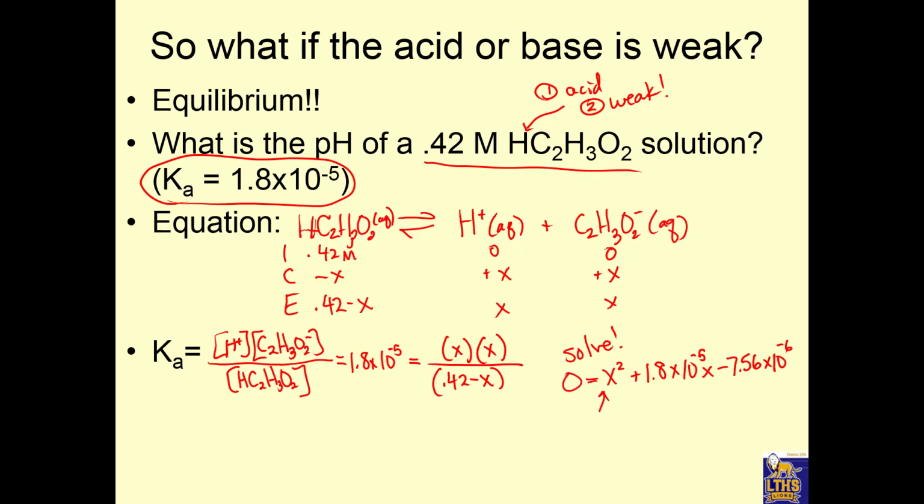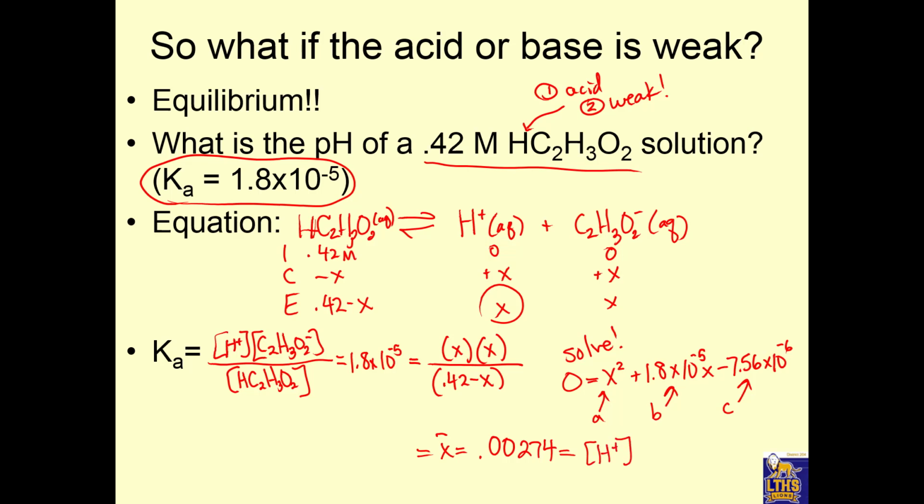We have A, we have B, and we have C. And so then we plug it in, and we find out that x equals 0.00274. What does that mean? That's this, right? Which is H+. So then that equals H+.